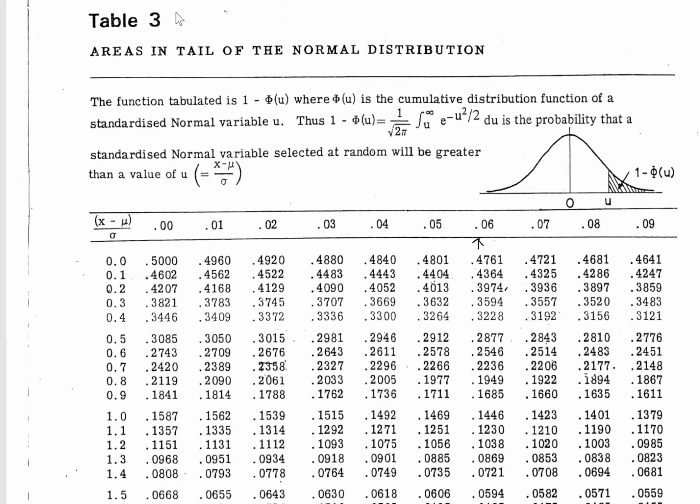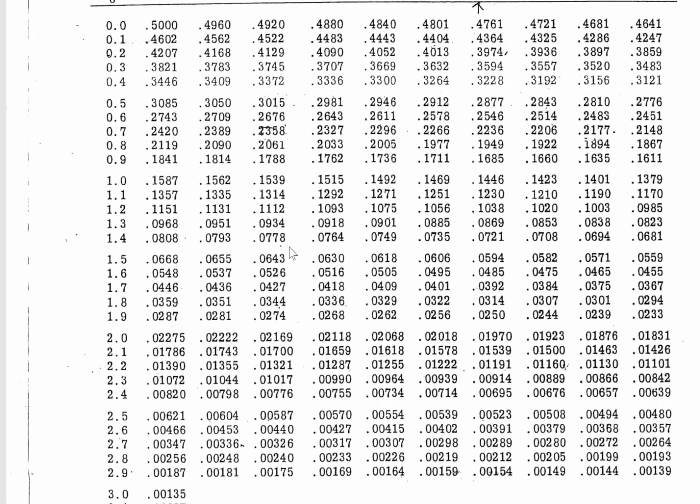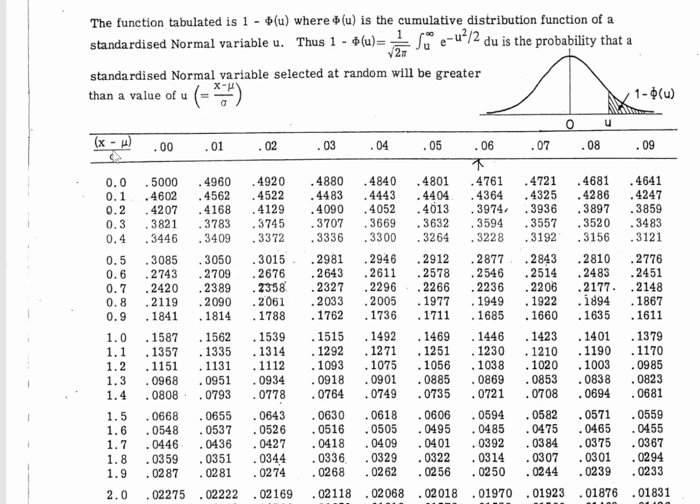This is our Z table, it comes from table 3. We want to find the critical value, so our critical value is here.